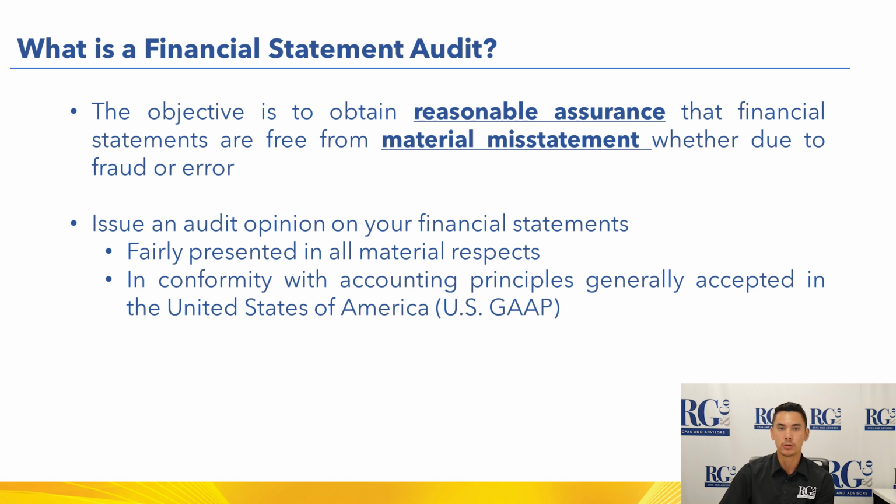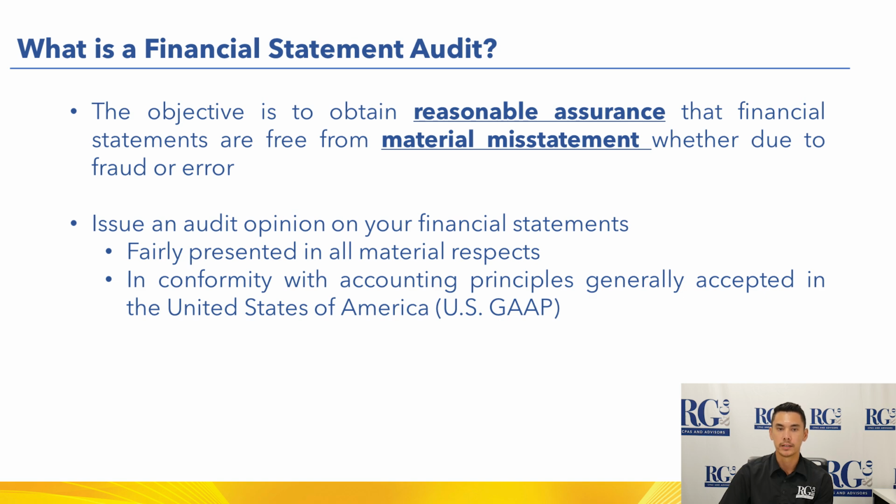So, starting with the overview of the first attest service, what is a financial statement audit? A financial statement audit is an independent examination of an entity's financial statements and related disclosures. The objective is to obtain reasonable assurance about whether the financial statements as a whole are free from material misstatement, whether due to fraud or error, and to issue an auditor's report that includes our opinion about whether your financial statements are fairly presented in all material respects, in conformity with accounting principles generally accepted in the United States of America, or US GAAP.